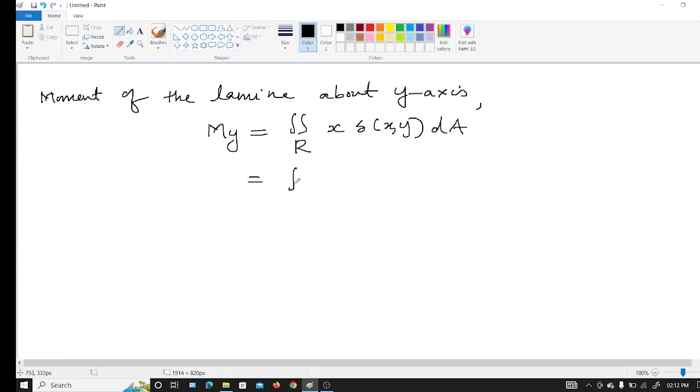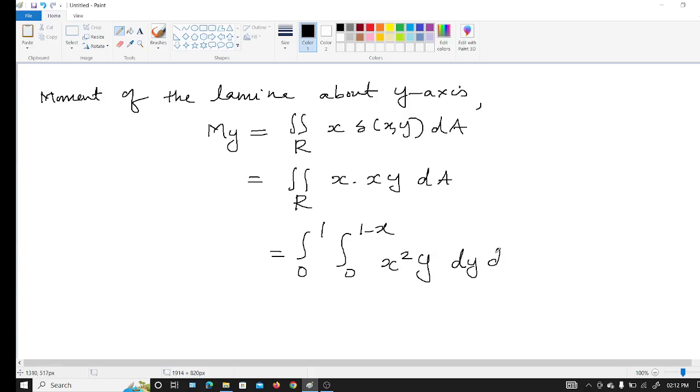This is equal to double integral over R x into xy dA, and this is equal to integral from 0 to 1, integral from 0 to 1 minus x of x square y dy dx.